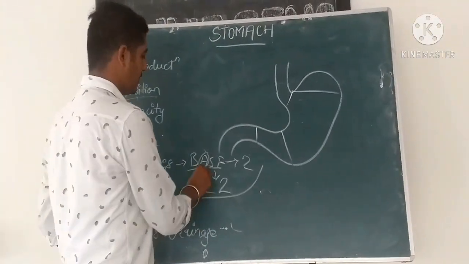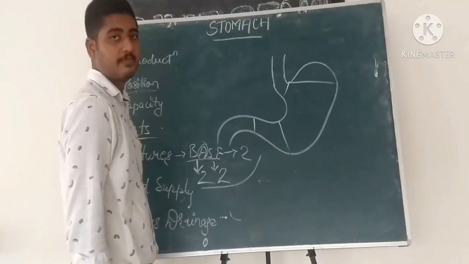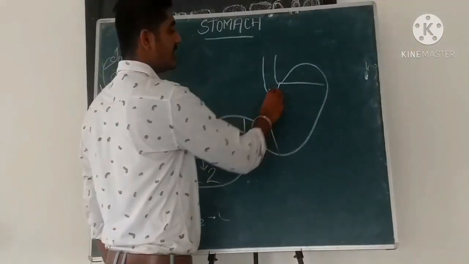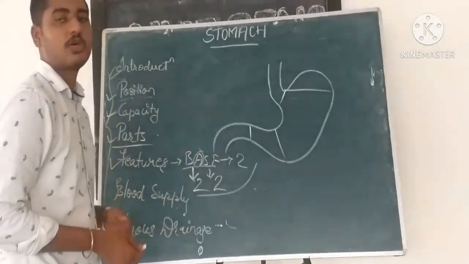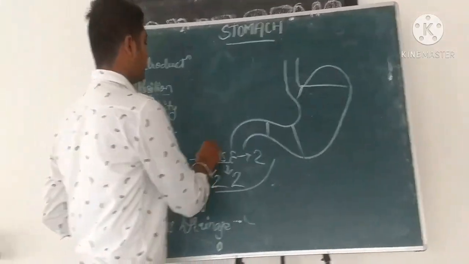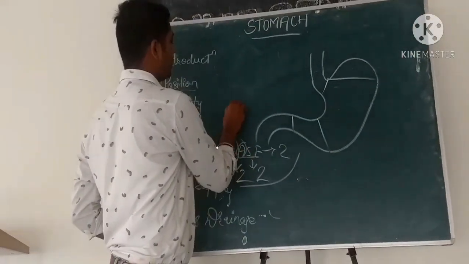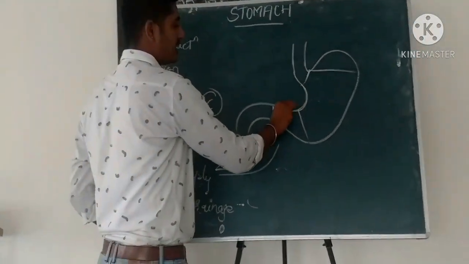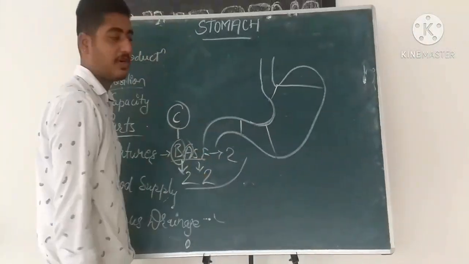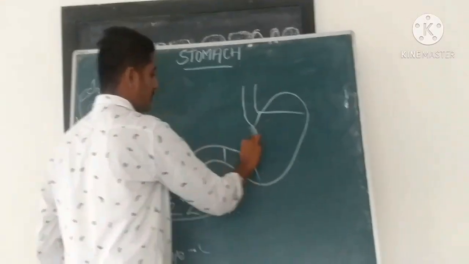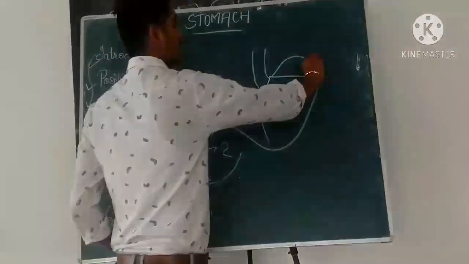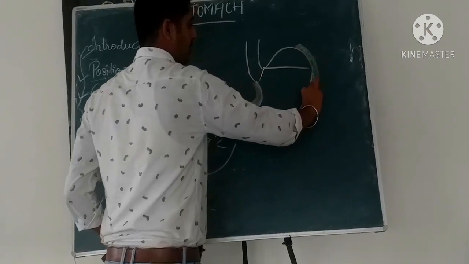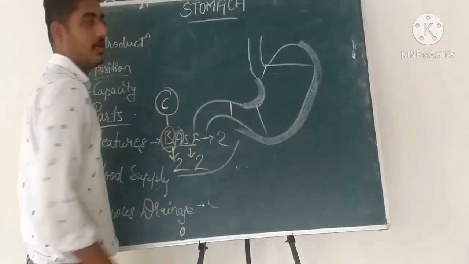Now it has two borders. These two borders are even called the two curvatures. Borders are also called curvatures. So it has the lesser curvature or lesser border, and the greater curvature or greater border.